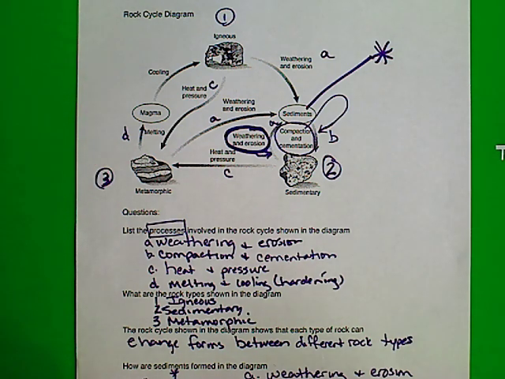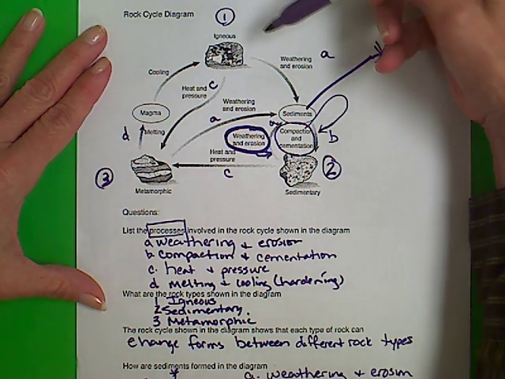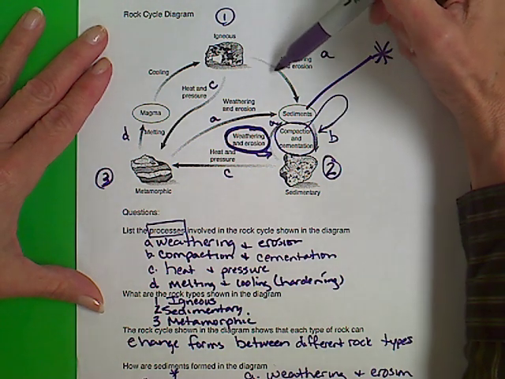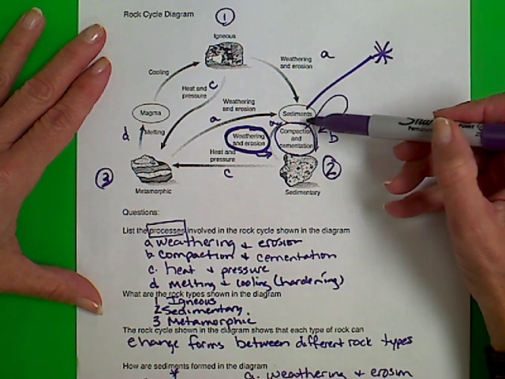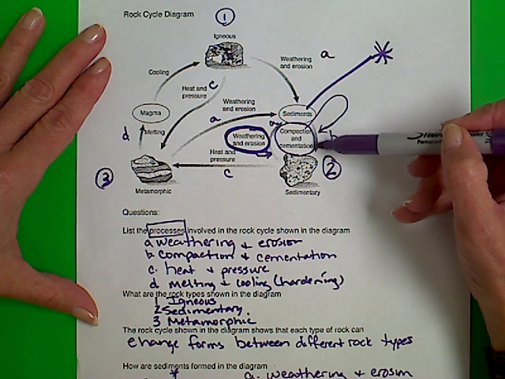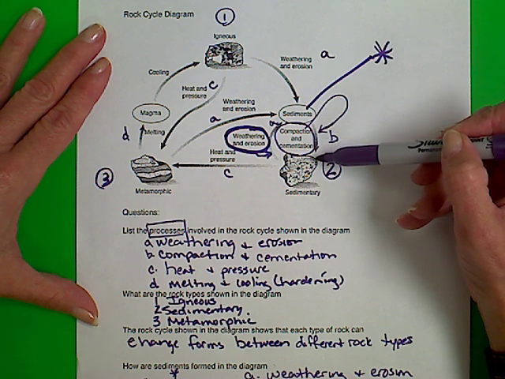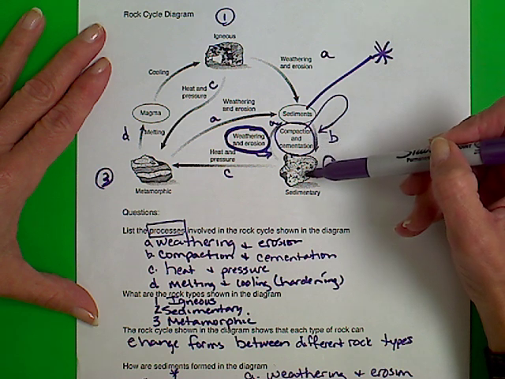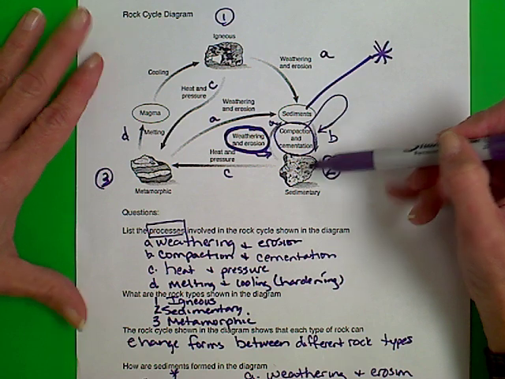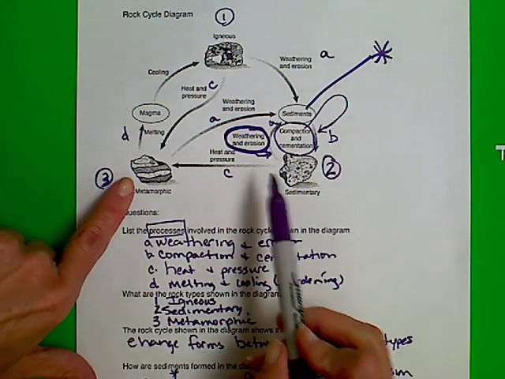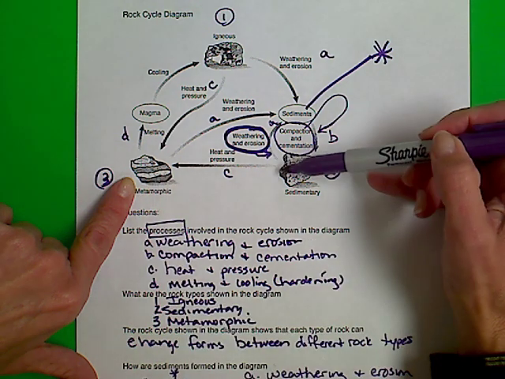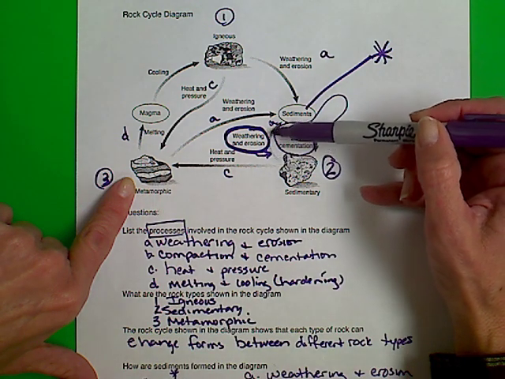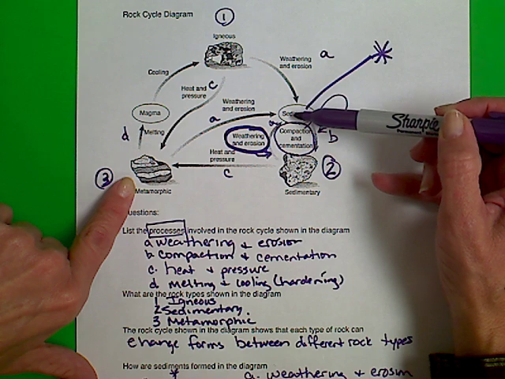So let's trace the arrows in the diagram and go all the way through. First, I start off with an igneous rock, and with weathering and erosion, I make sediments. Now that I have sediments, I'm going to compact those sediments and cement them together to make sedimentary rock. Once I have the sedimentary rock, I can either have it undergo heat and pressure to make metamorphic, or I can weather and erode that sedimentary rock and make sediments again.